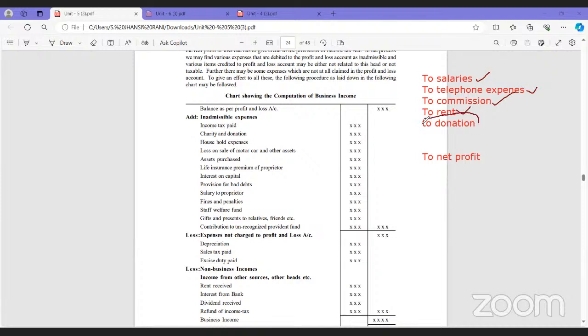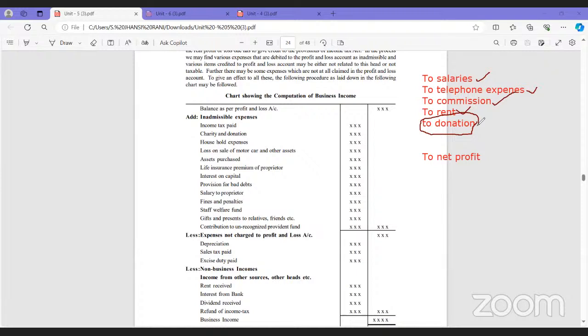If you look at donation, donation is not a business expenditure. It is his personal interest, whether out of his beliefs or his perception, he may do that, but it is not a business expenditure.